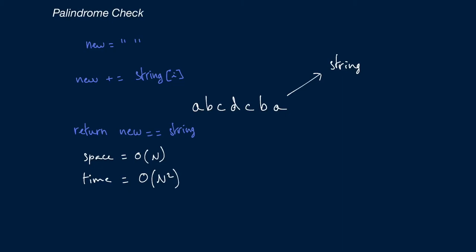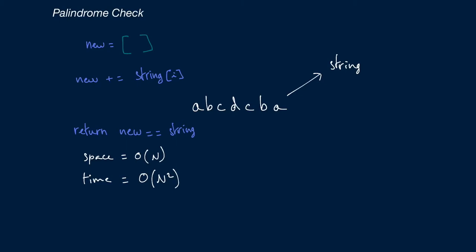Well, you might say, instead of creating a new string, let's just store everything in a list, in an array, and then at the end, we join the list into one string and then do the comparison. And that would be a perfectly valid approach. So here we can say, okay, instead of initializing new to an empty string, we initialize it to an empty array, an empty list.